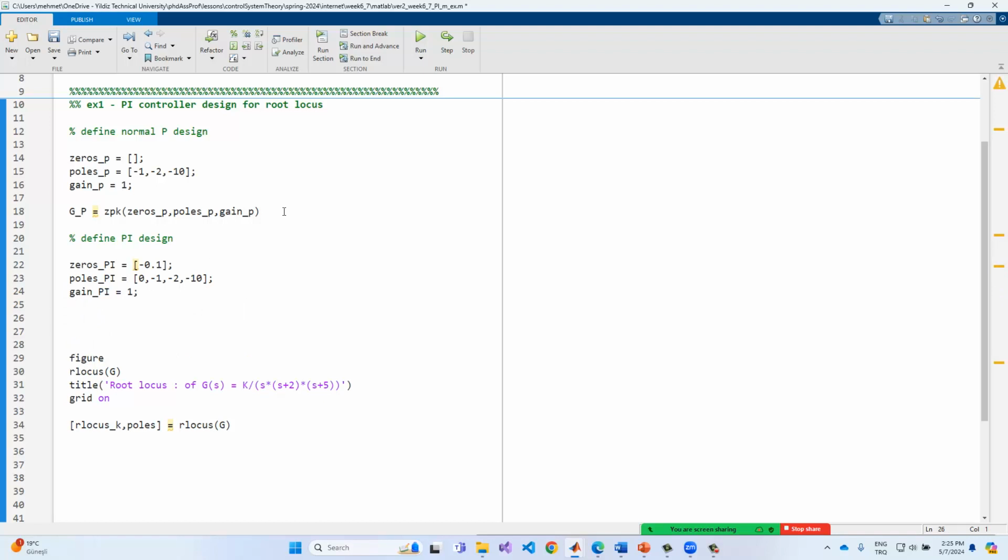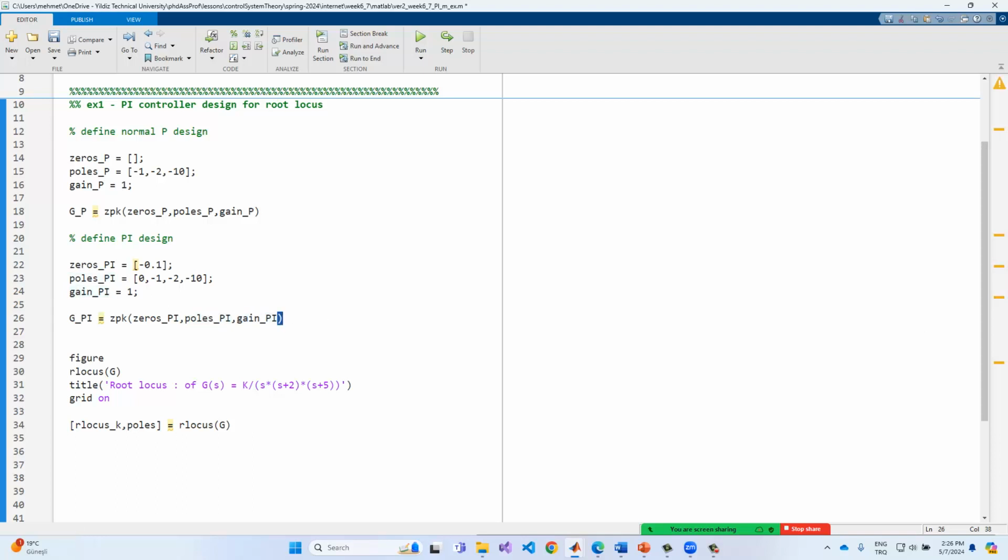So we should write the PI, but this must be GPI in here, with zeros P, poles P, and gain P, and PI, and gain PI.